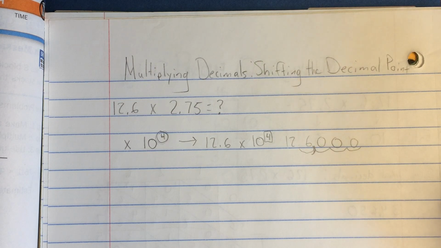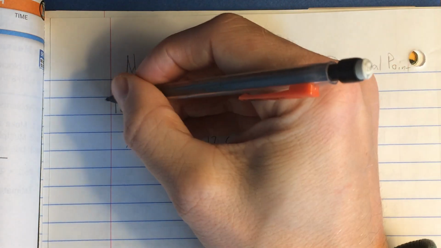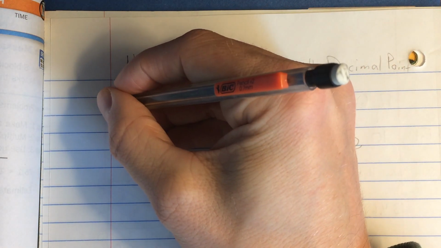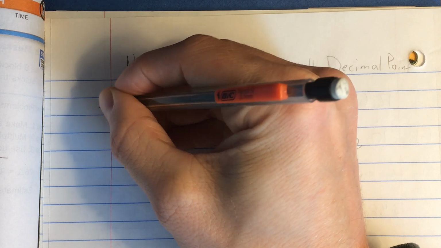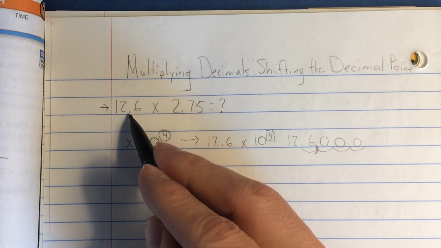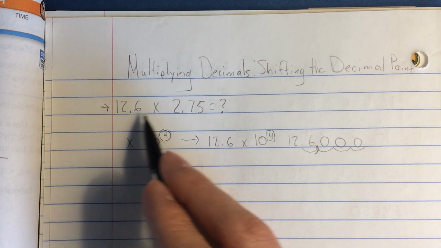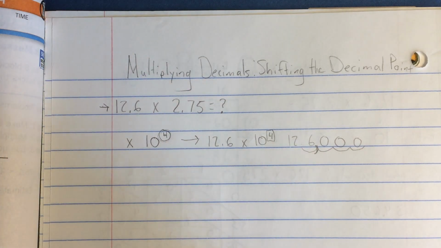So with that in mind, I have a challenge for you for this shifting decimal point strategy. To begin this whole process, we need to find a way to multiply each of these numbers by a certain power of 10 that will turn them into whole numbers.